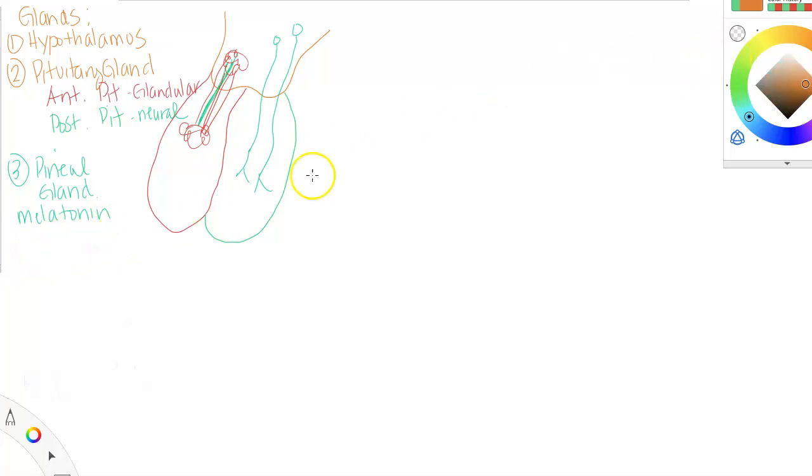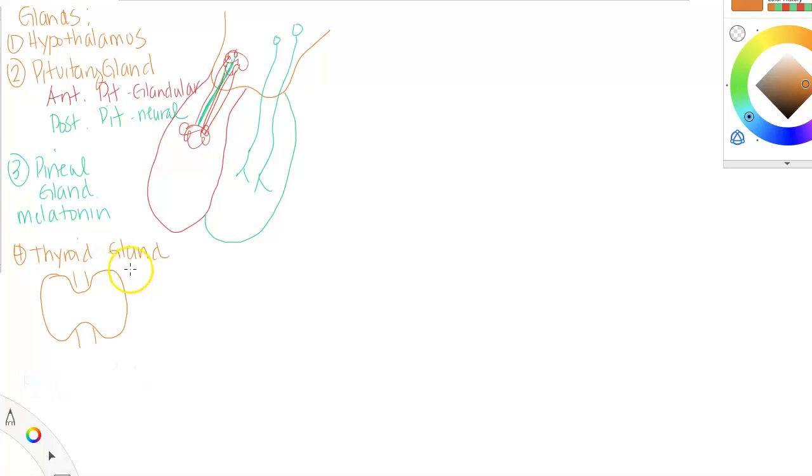The next one is the thyroid gland. And the thyroid gland is a gland that's in the neck. It looks a little bit like this, and it kind of wraps around the spinal column there. And basically it has an effect on metabolism, blood pressure, all kinds of things.